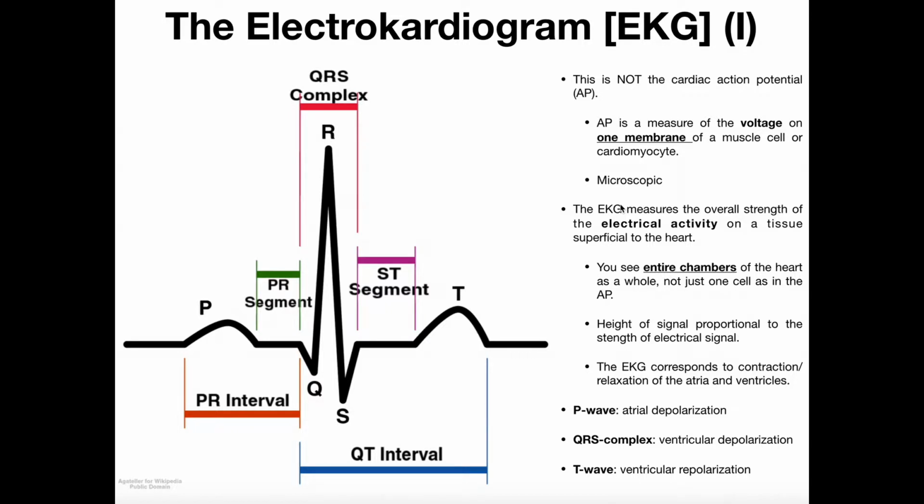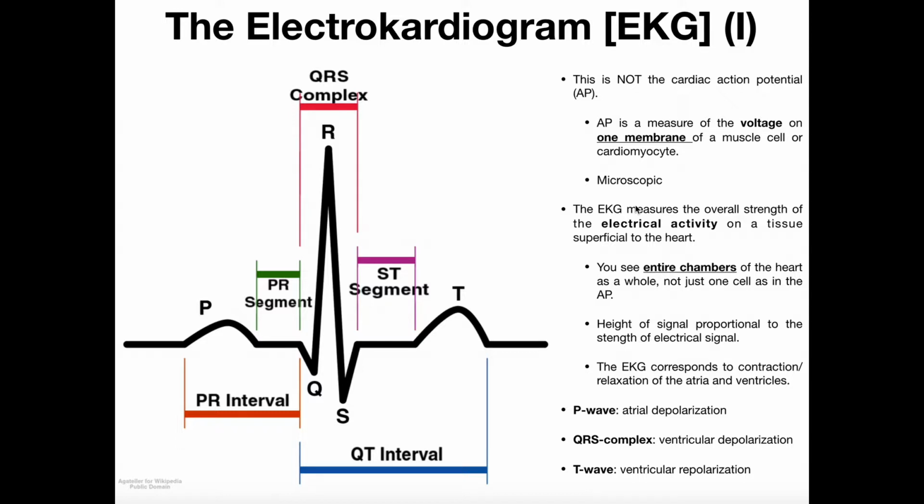In contrast, when we look at an electrocardiogram, what we're really doing is assessing the strength of the overall electrical activity of the heart. And so what we do is we normally put electrodes on the body. You can put them on various regions, but you're able to detect the overall electrical signals of the heart.